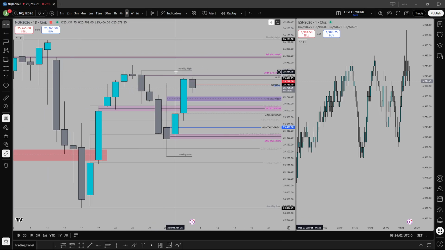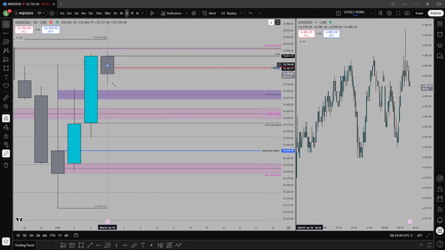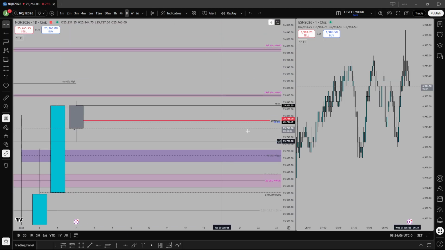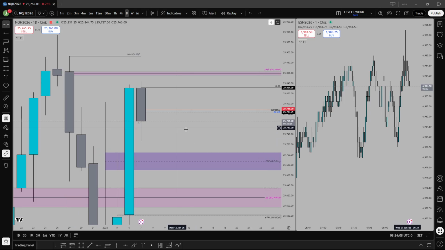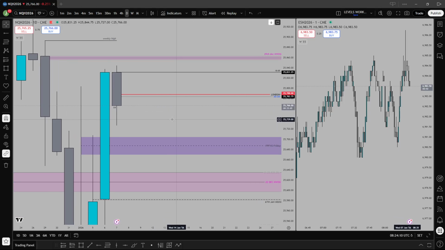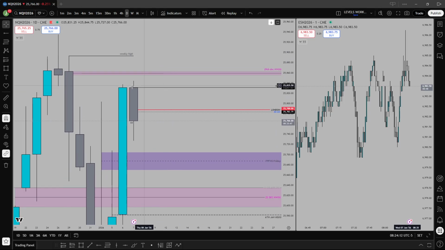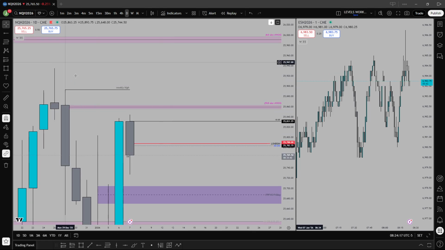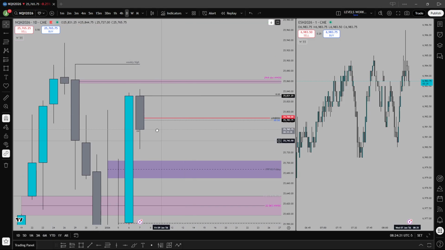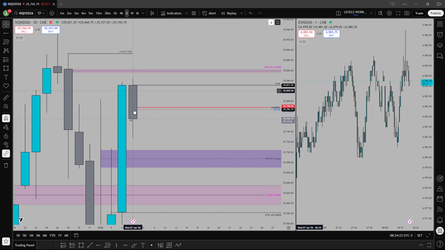So I am viewing all this downside move as a Judas or protraction move. We still have to invert this gap in order for it to go above this high. So my daily bias for today is that I'm bullish.